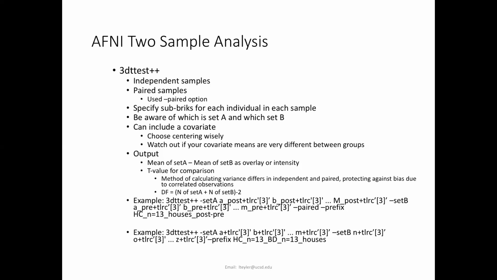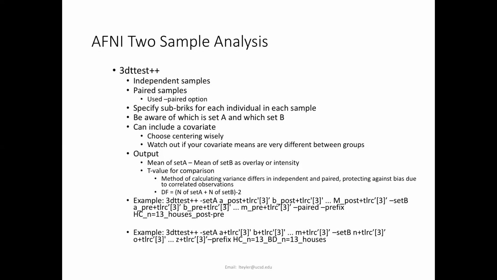So, for example, if you were going to test people with schizophrenia versus people without schizophrenia, and some kind of measure of nicotine dependence as your covariate, it might not work very well, because you're going to have a lot of nicotine dependence in the schizophrenia group that you don't have in the healthy control group, and so it's going to be difficult to control for that statistically when there's such differences in your covariate between groups.